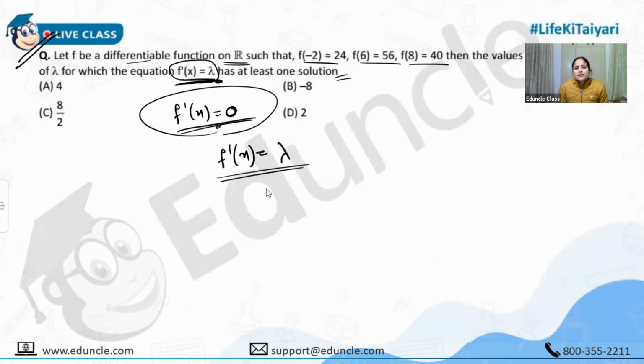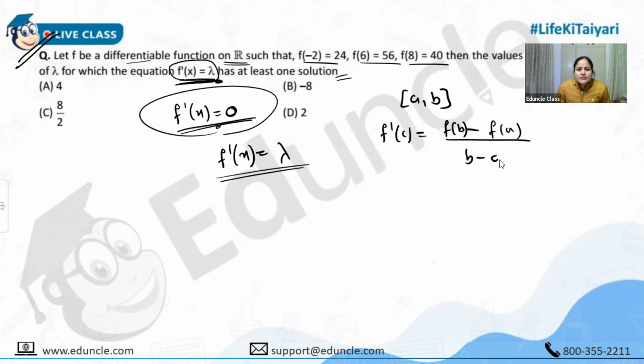The mean value theorem says if a function is defined on a closed interval and is continuous as well as differentiable, then there exists a point C between A and B such that f dash at C is equal to f at B minus f at A upon B minus A, and this will give a non-zero constant.